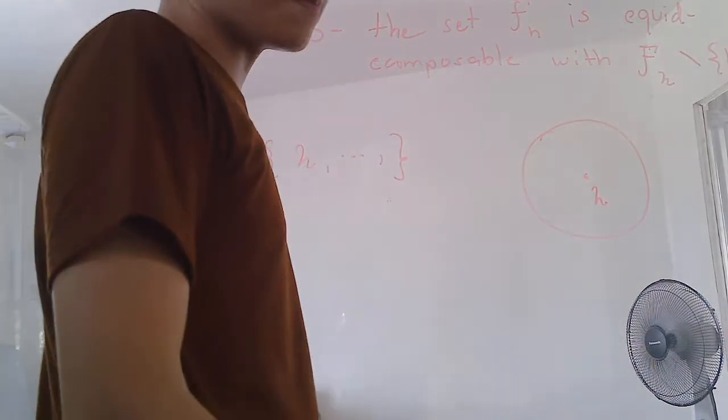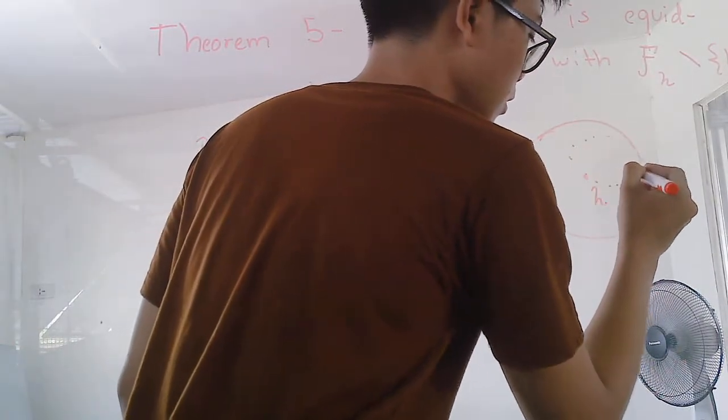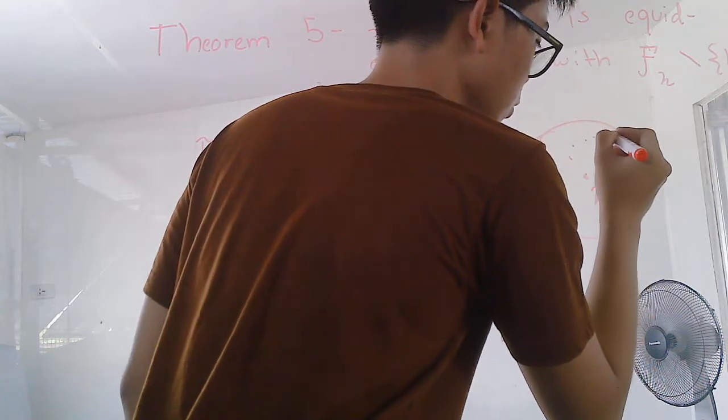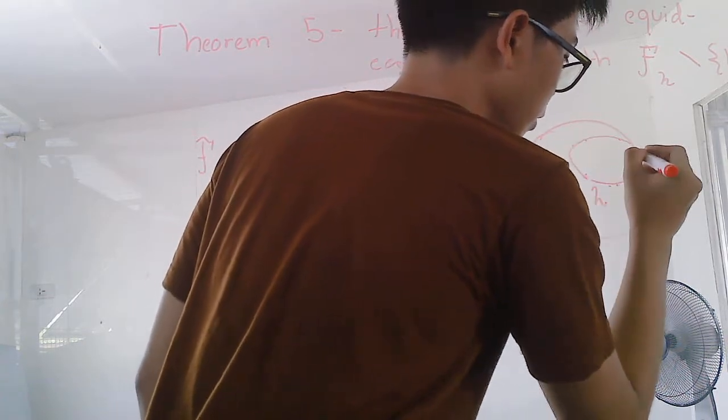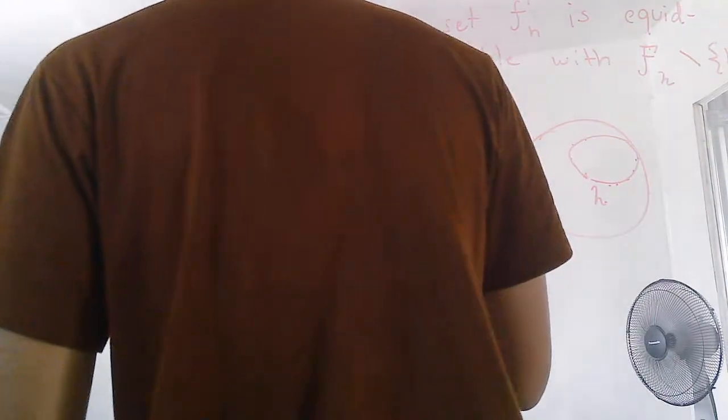Now what we want to do is embed a circle inside here. So we make a bunch of points and run the circle through them. These points are basically just H, then H squared, H cubed, but we're going to assume that some of them are not H.